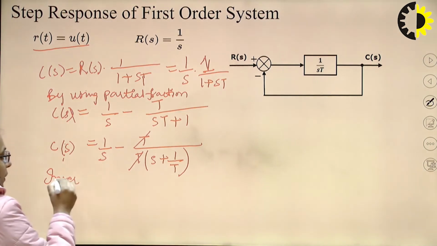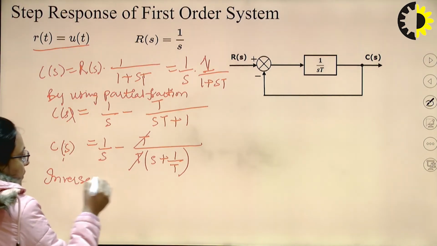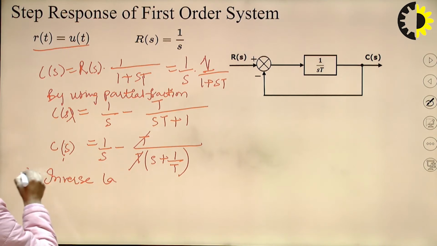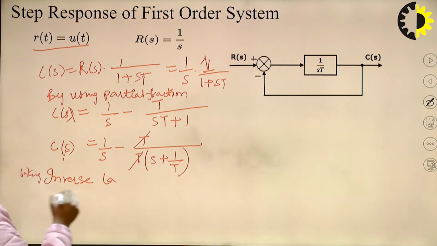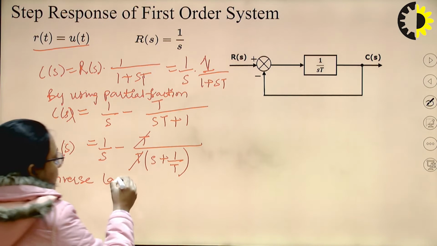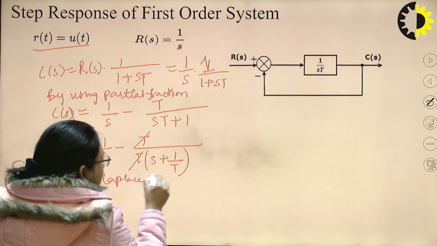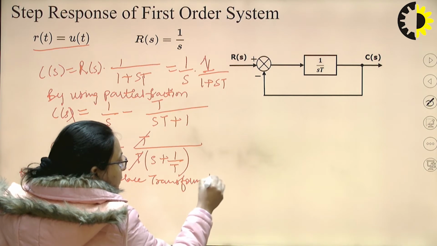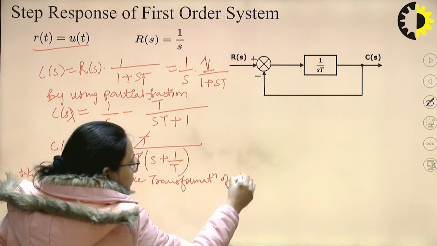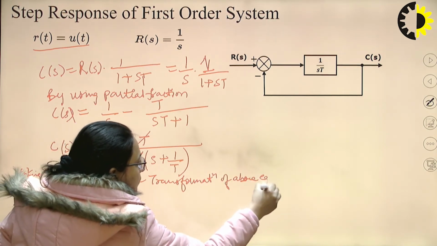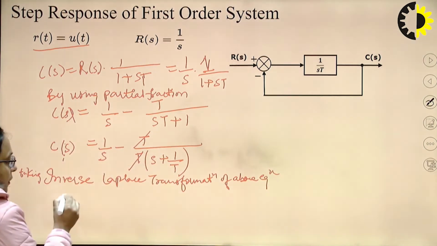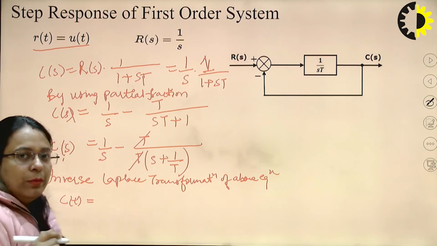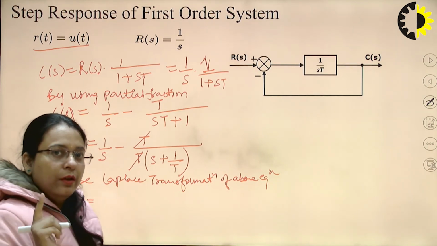By taking the inverse Laplace transformation of the above equation, we will get c(t) is equal to, the inverse Laplace transform of 1 by s is actually u(t).